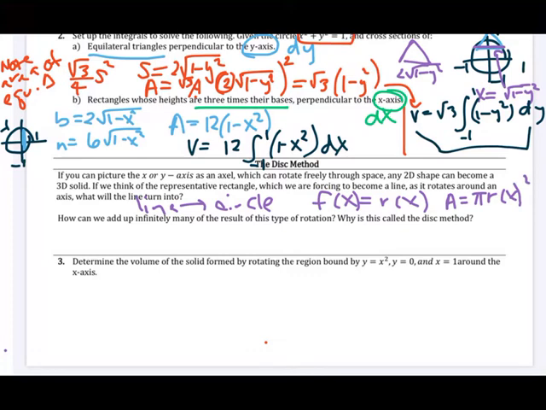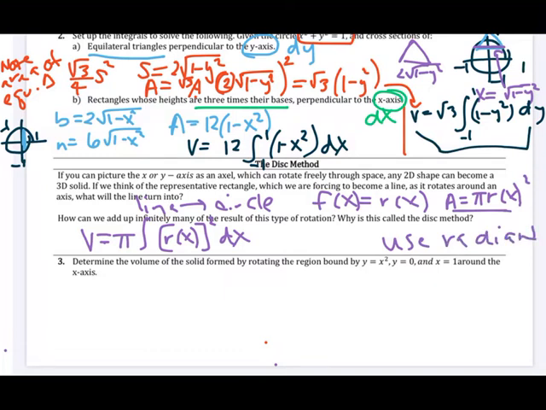Based on what we just did, our volume is going to be integrating that area. So I'm going to just take pi out. The volume is going to be pi times the integral of the radius squared dx, or dy, again, depending on how we're rotating. So what we're doing is we're integrating each of the disks, and make sure that you're always using radians.